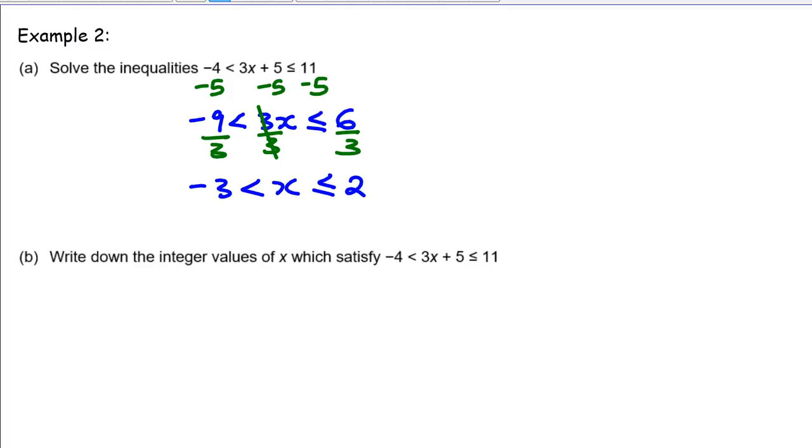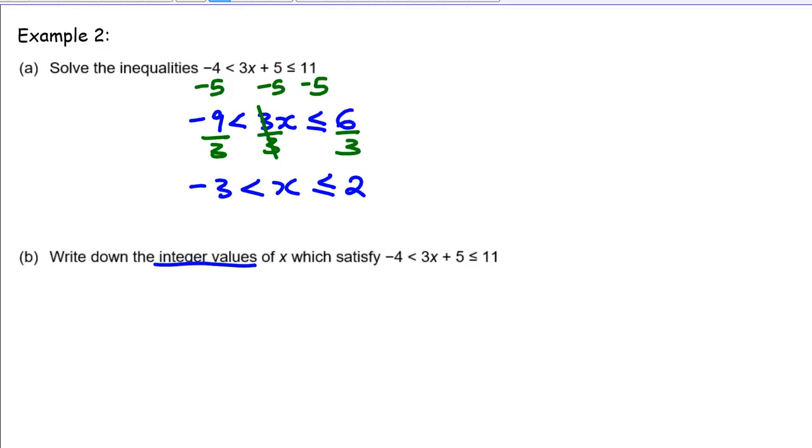So in part B, write down the integer values of x which satisfy this inequality. But of course, we know that the solution for this is this one here. So what we need to do is to try and find integer values of x which satisfy this inequality.